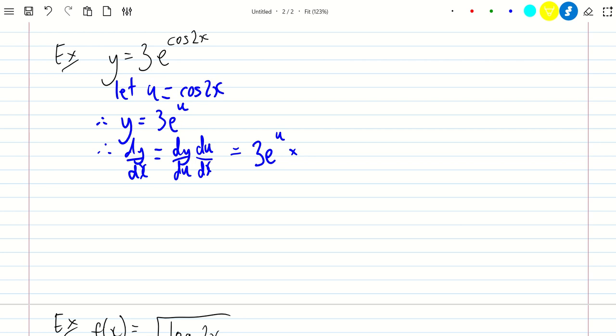In other words, what's the derivative of this with respect to x? And so cos 2x becomes -2 sine 2x. That cos goes to negative sine, and then that 2 comes down the front. And so that's it basically.